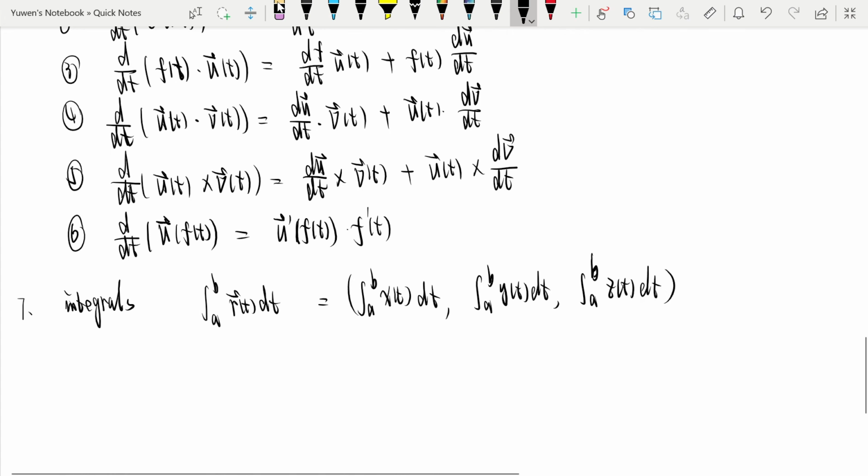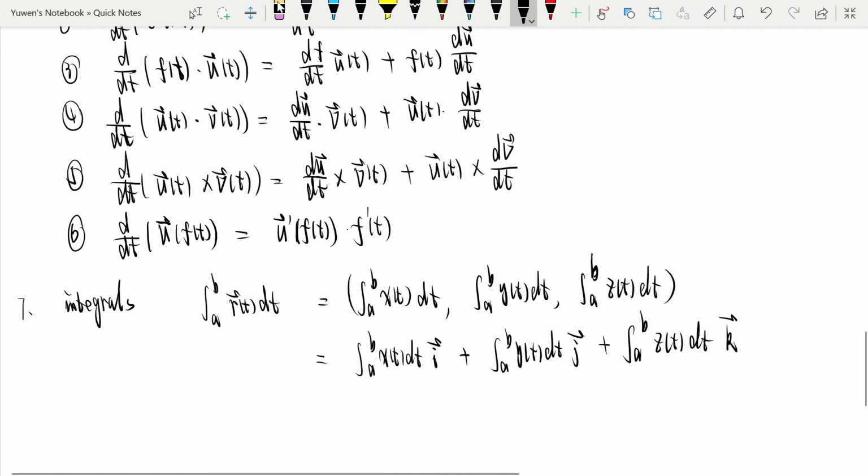Together, or write as the integral from a to b of x(t) dt times i plus the integral of y(t) dt times j plus the integral from a to b of z(t) dt times k.